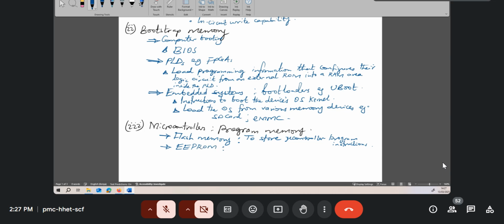For example, this is for storing long-term information, for example, configuration data, also passwords.